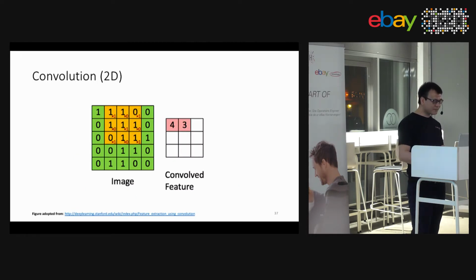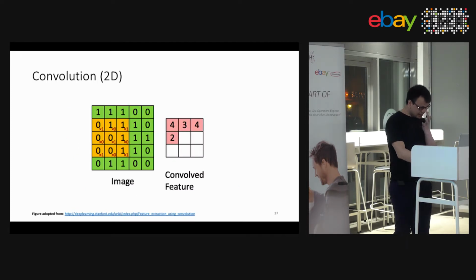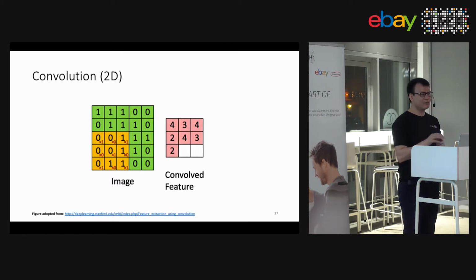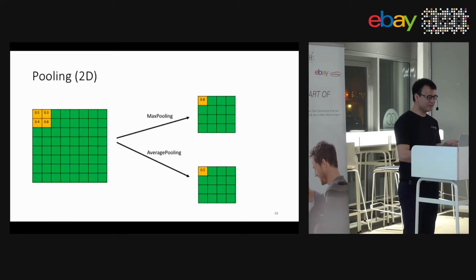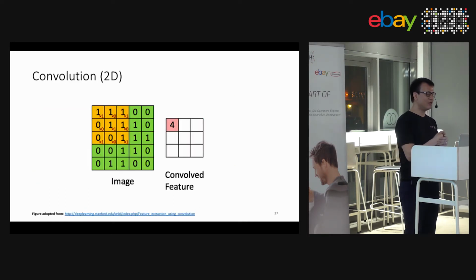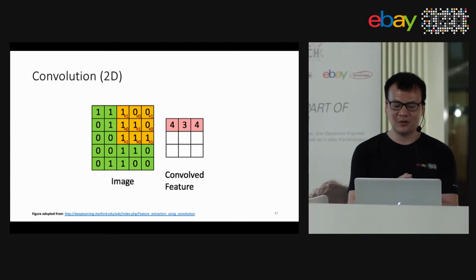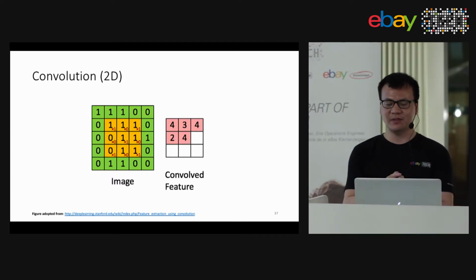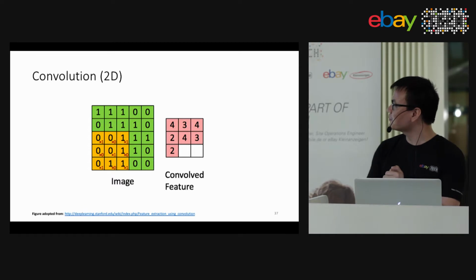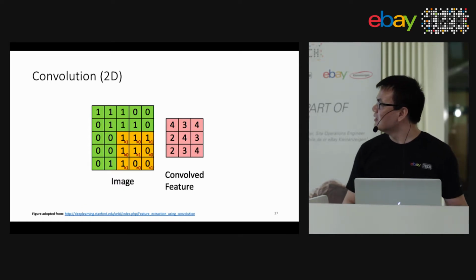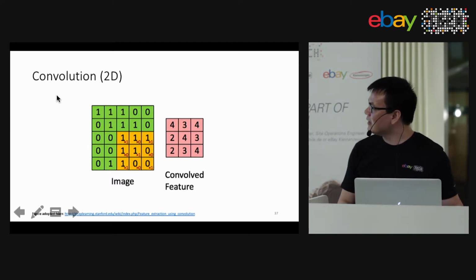Now, as I said, the basic elements to build up a convolutional neural network are a convolution layer and a pooling layer. Now we will introduce what these two layers do. For the convolution layer, how can you understand it?